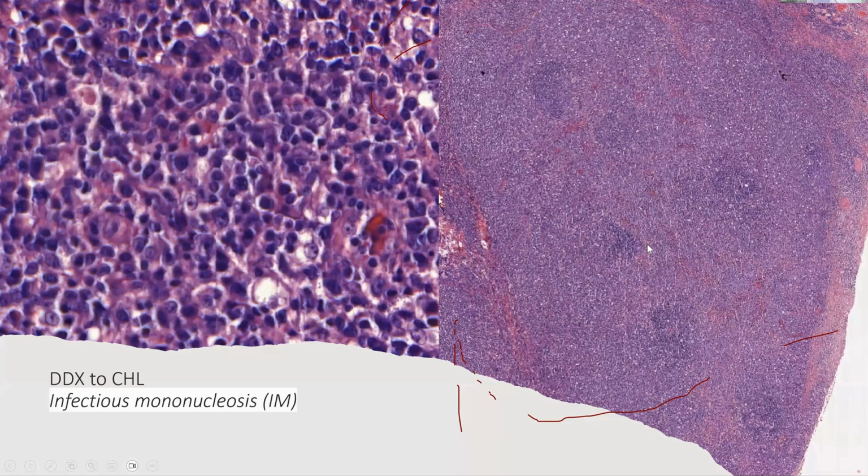You can see how this can mimic a nodular, lymphocyte-rich classic Hodgkin lymphoma. However, the background population or the interfollicular areas don't have the typical RS cells. They're usually large cells with one or multiple prominent nucleoli resembling immunoblasts rather than RS cells.